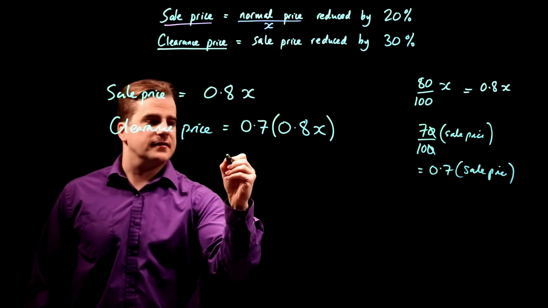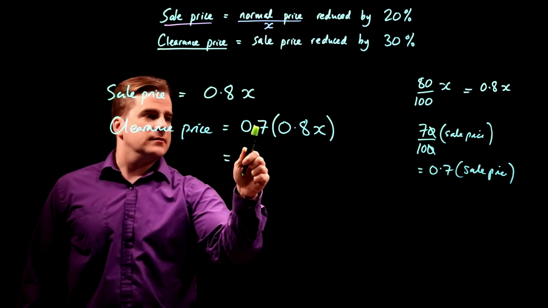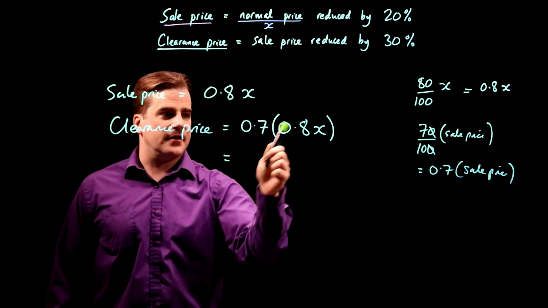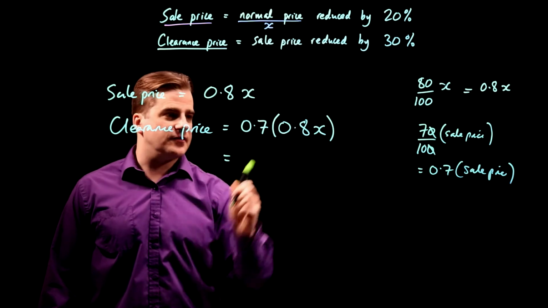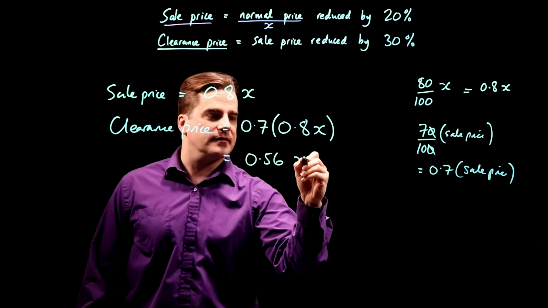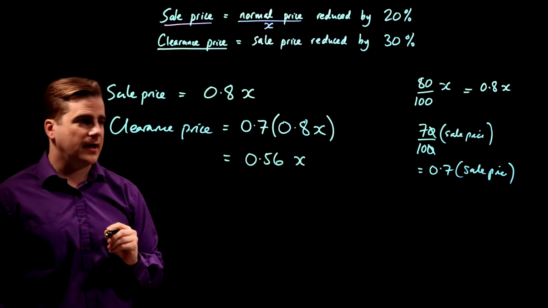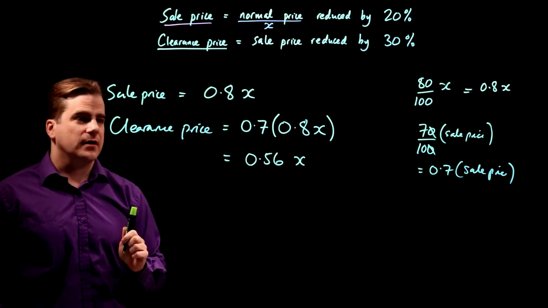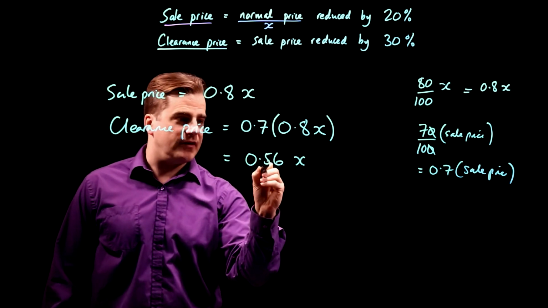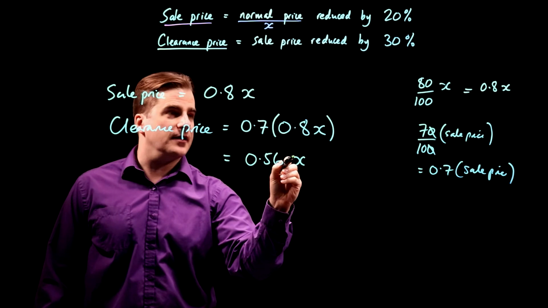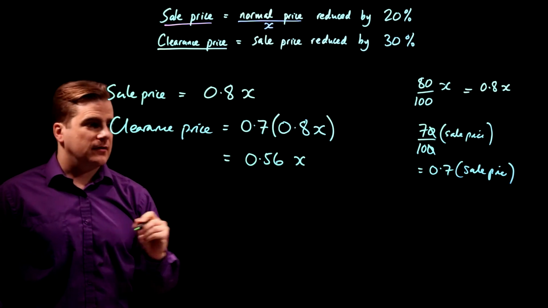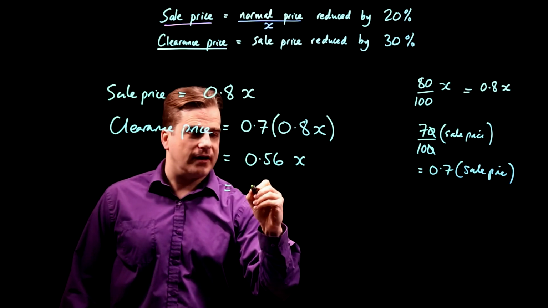Okay, good. So the clearance price is 0.7 times 0.8 times x. What's 0.7 times 0.8? Well, 7 times 8 is 56, so it's going to be 0.56x. So our clearance price is 0.56 times the normal price. If you like, we can write that as a percentage.